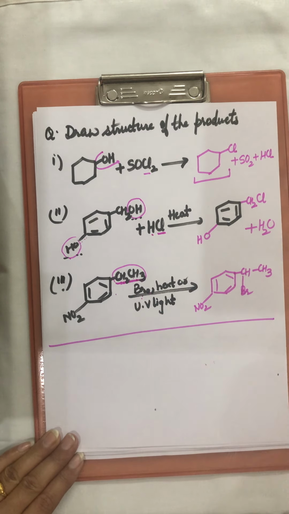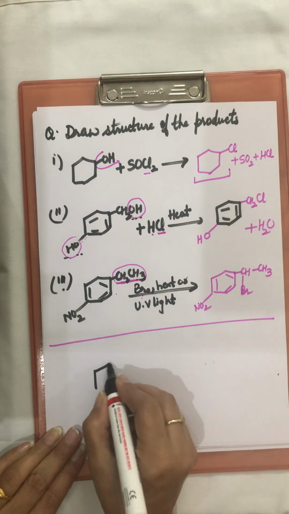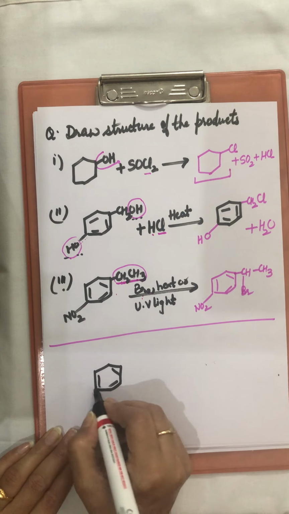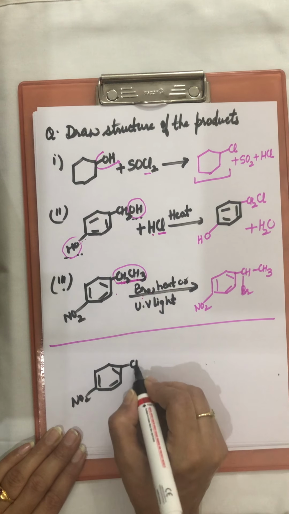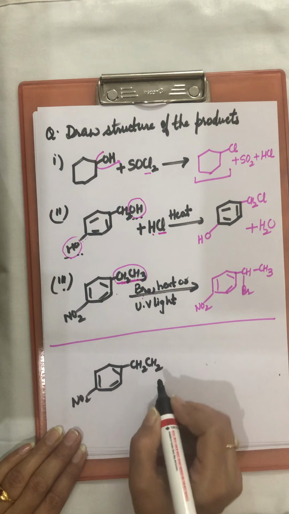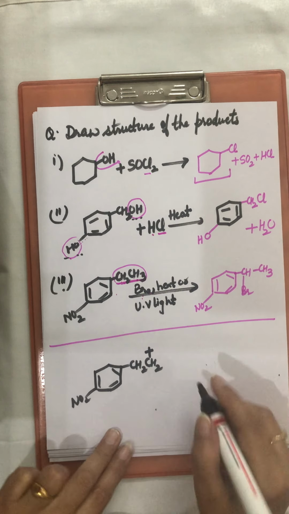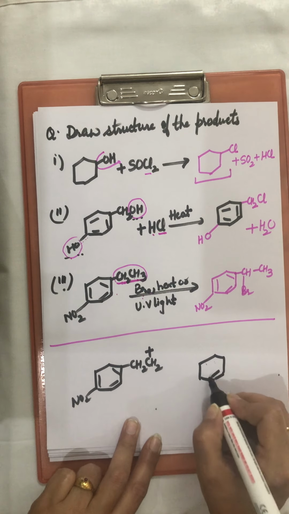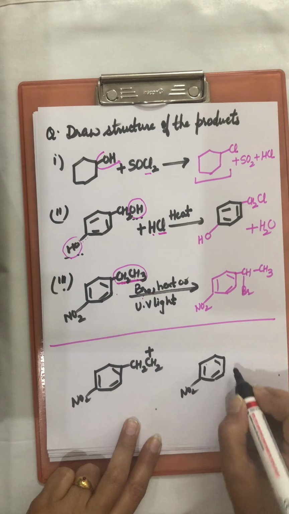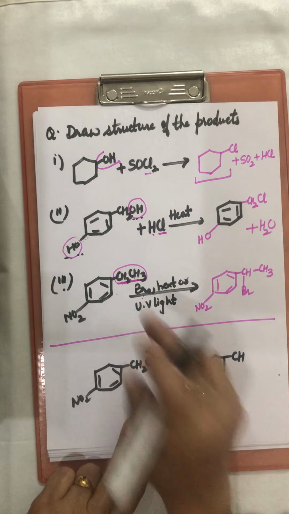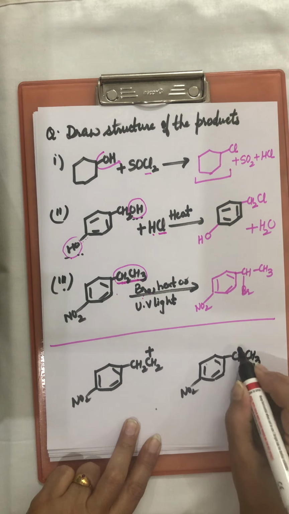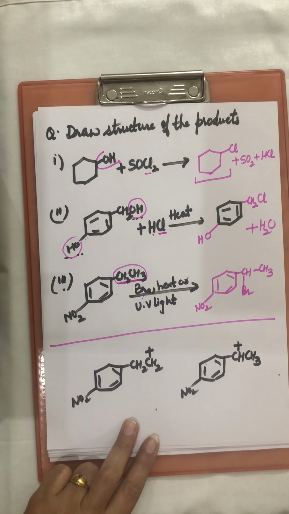The reason for this is, if we have removal of hydrogen from this carbon, H from here, this carbocation will form, and if we are removing H from this carbon, then we will have this carbocation.